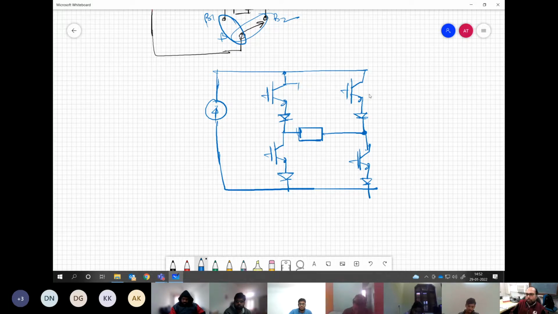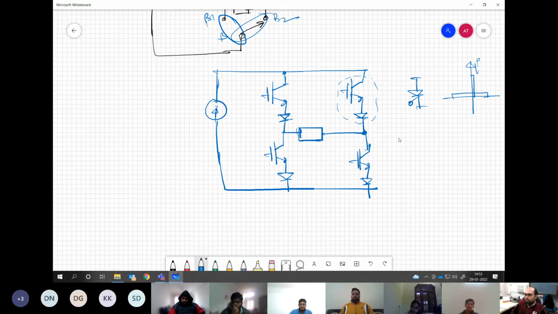Commutation is required for a thyristor. Yes. You can replace the entire thing with just one thyristor, because a thyristor naturally has this characteristic, unidirectional current and bidirectional voltage blocking. This is the natural characteristic of a thyristor. But the only problem is the commutation. You need to make some arrangement for that.